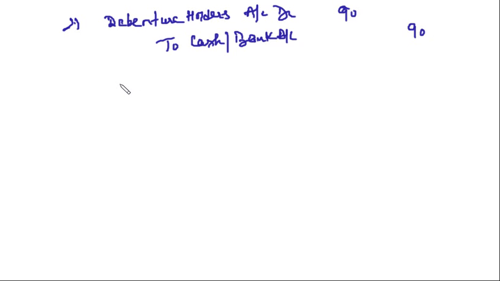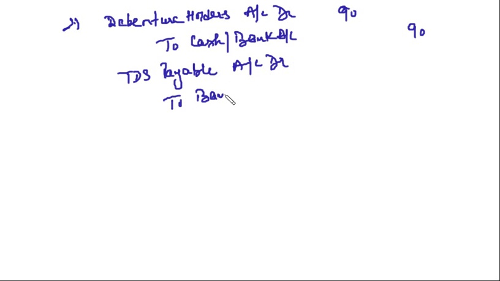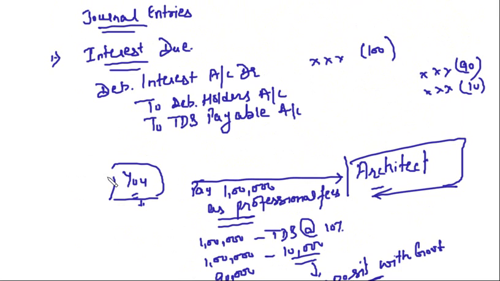And you have paid the TDS also. So TDS payable account debit to bank account 10 rupees. Clear? So these are the journal entries related to interest.